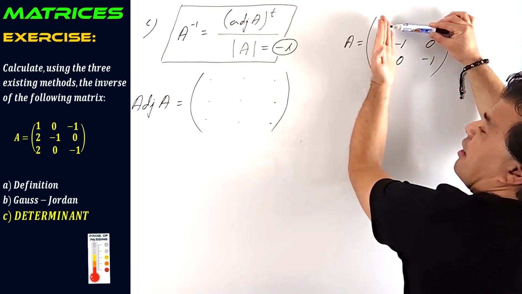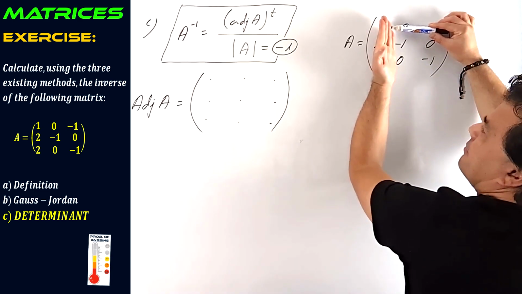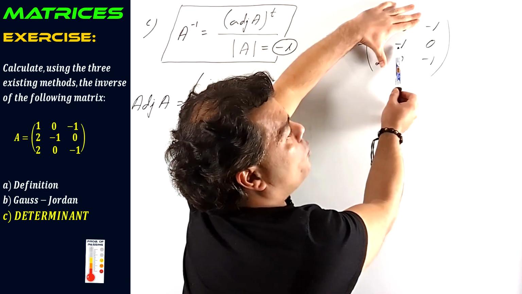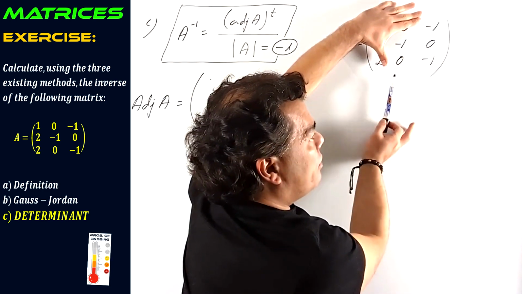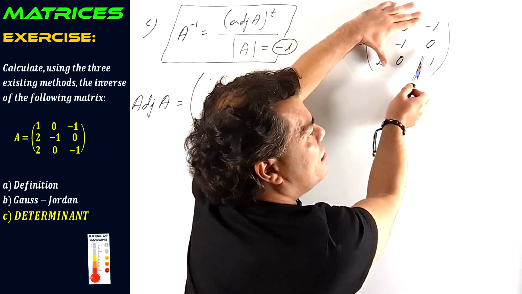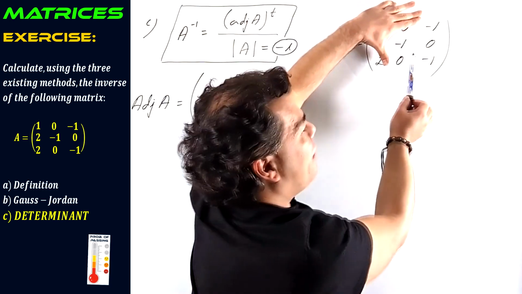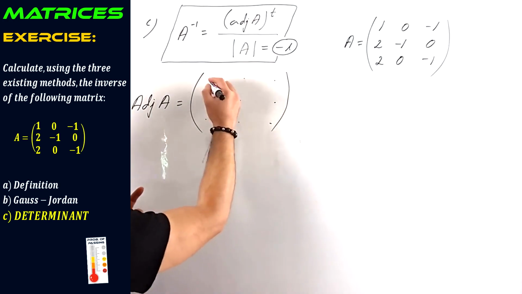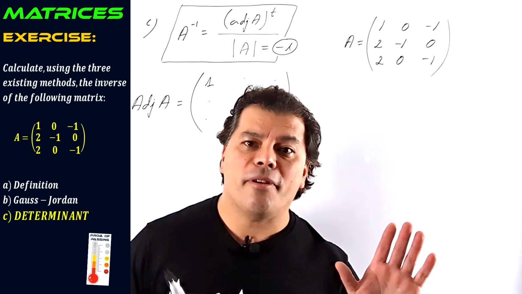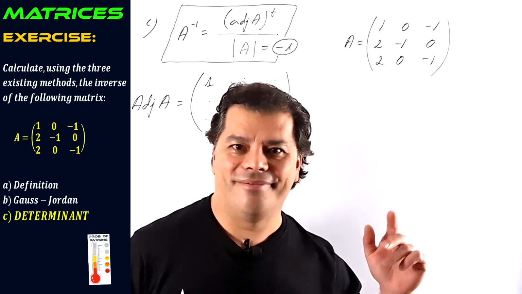It will be an order 2 determinant, okay? Let's do it. -1 times -1 is 1, minus 0 times 0, that is 0. The result is 1. Okay? It's as simple as repeating this procedure all the time.